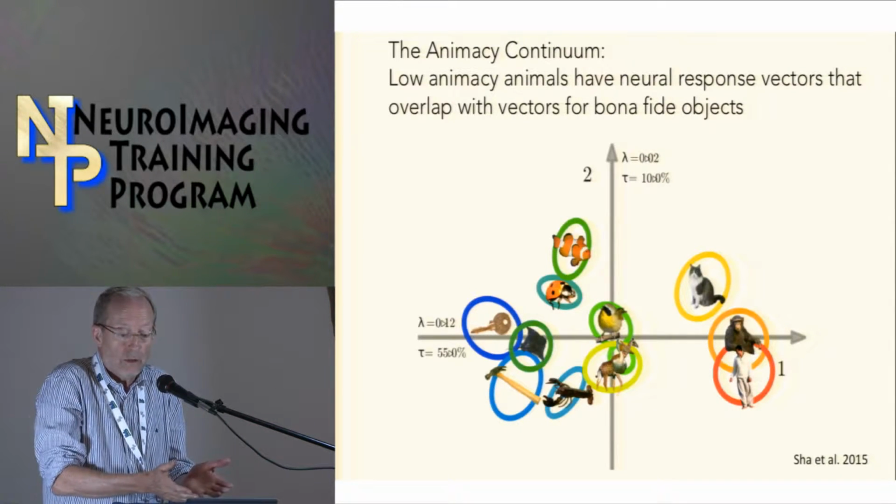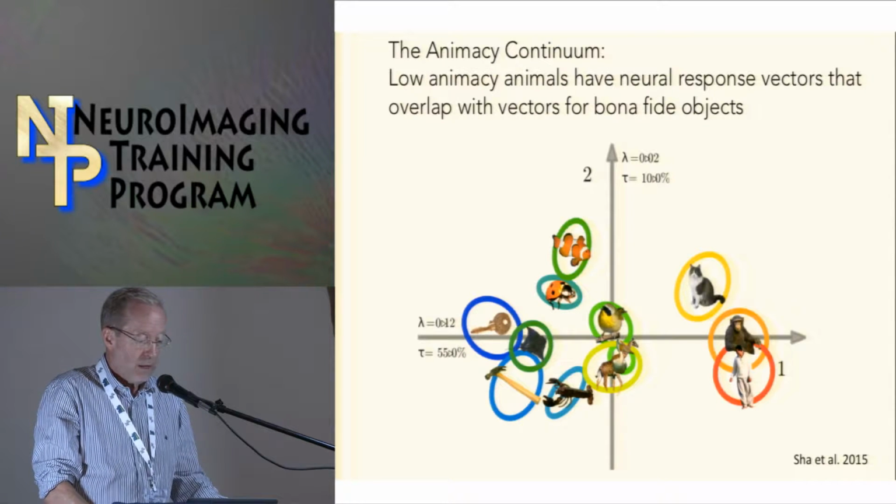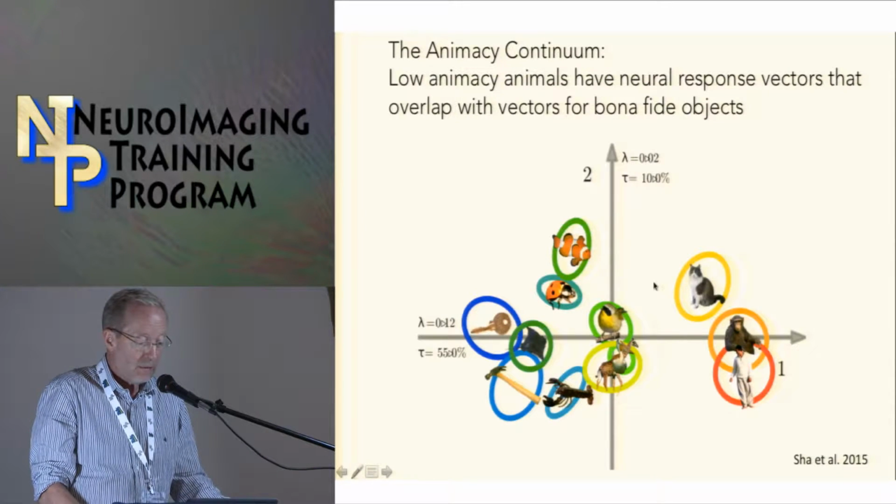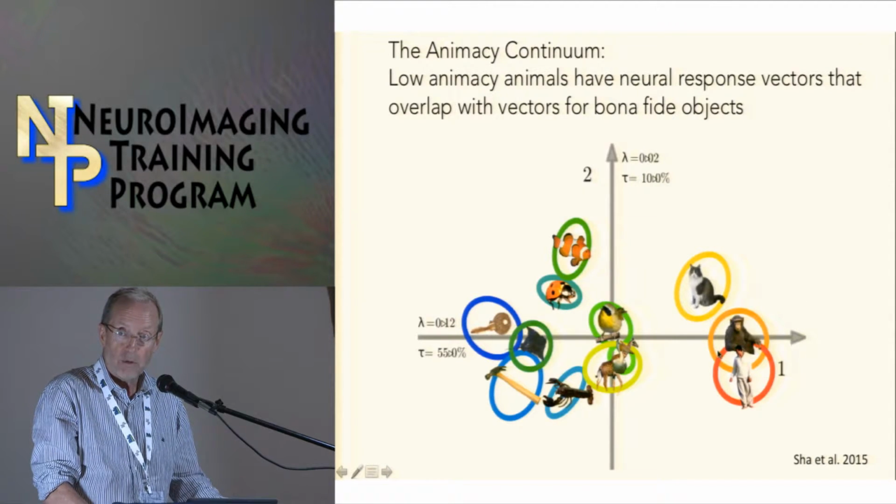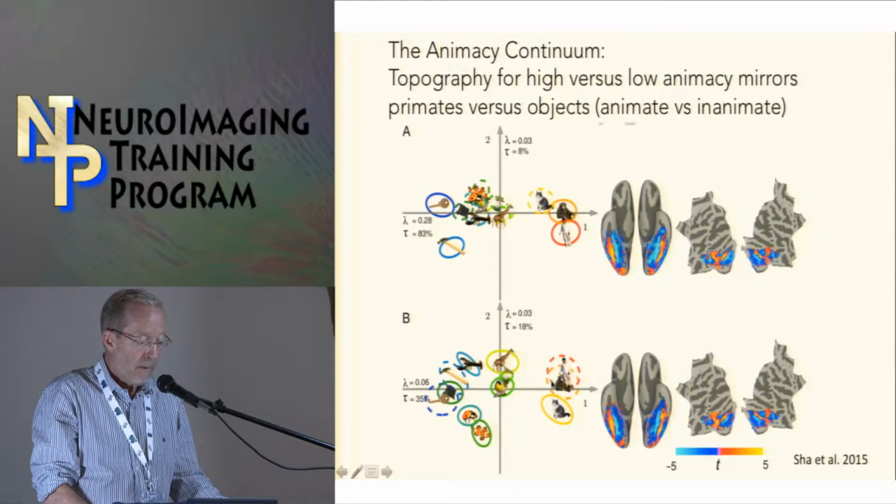Instead, we got this result, which was really surprising, suggesting that the animate-inanimate distinction is really a special case of the animacy continuum and only reflects the distinction between objects and the higher order animals, like primates and mammals and birds, and not the lower order, but equally animate animals.